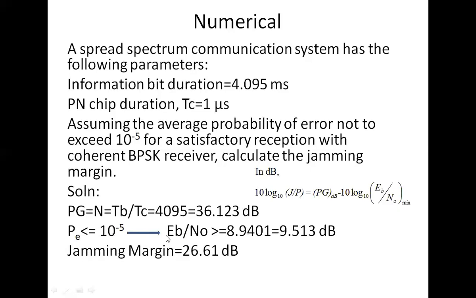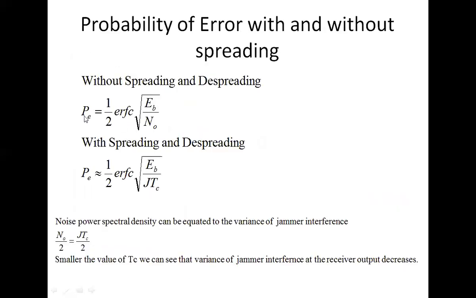How is this written? Probability of error is given as maximum 10 power minus 5. To get the value of EB by N0, we need to go back to this equation. This is the probability of error in case of binary PSK, coherent PSK, which says P is half ERFC of root EB by N0.